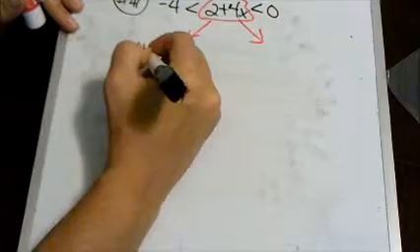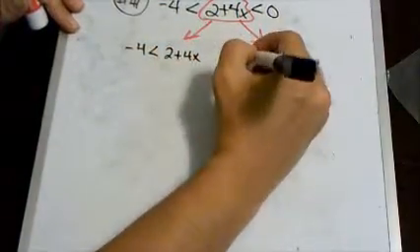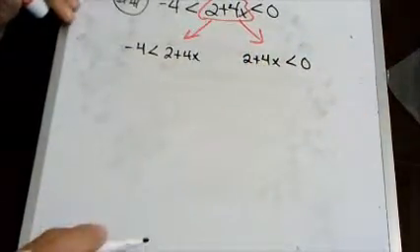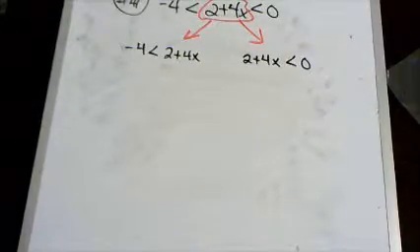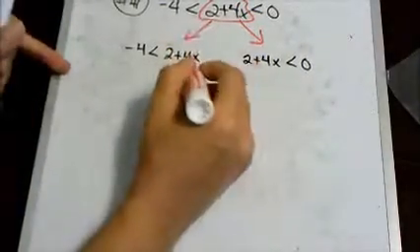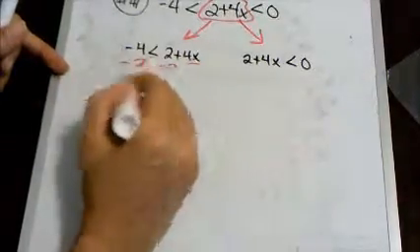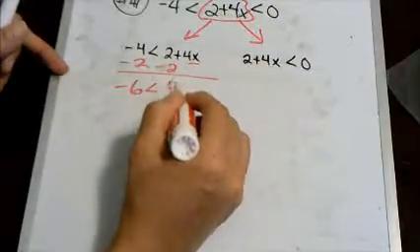So we have a -4, 2 plus 4x, 2 plus 4x. We take that middle part, we put it on both sides. Now, let's get to moving. This x we want to leave there, so we'll take that 2 off, -2 here, -2 here. What do you get? -6 and 4x on this side.